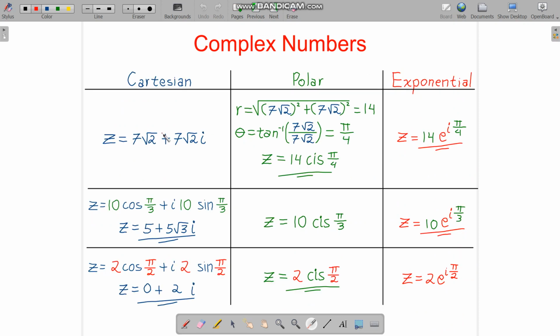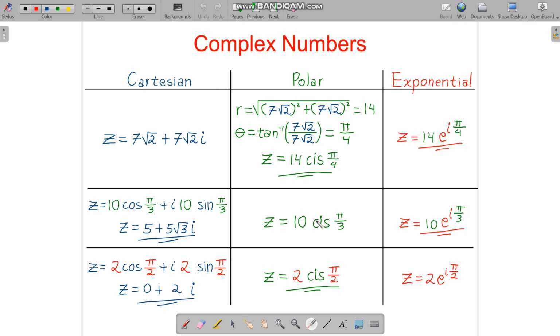If you want to convert from Cartesian to other forms, we use Pythagoras to find the modulus, and we use inverse tangent to find the argument, and we can use cos plus i sine or cis. In exponential, just use the modulus and the argument like this.